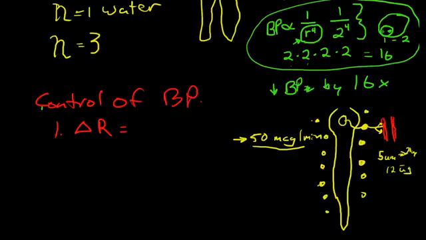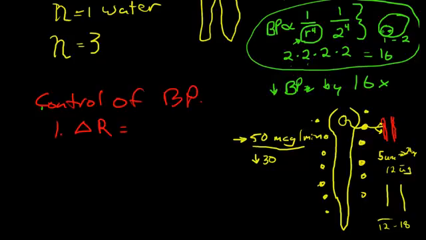So the body can do two things. It can decrease that tone, say to 30, which will relax the muscles and dilate this vessel maybe to 18. So we increase from 12 to 18 in diameter.